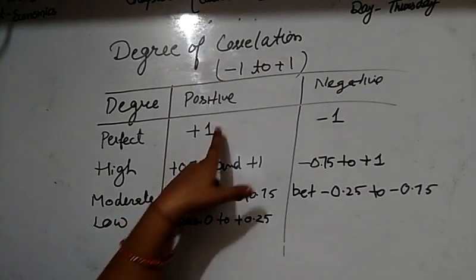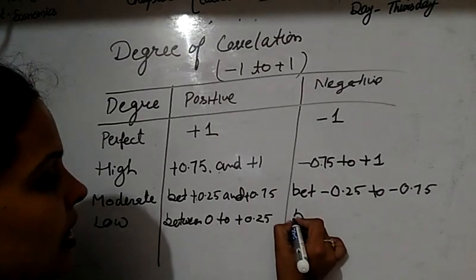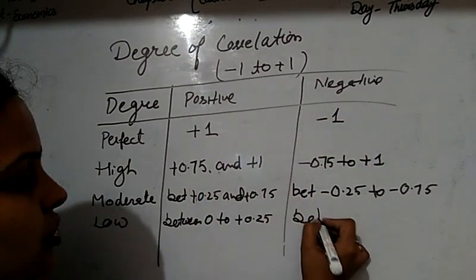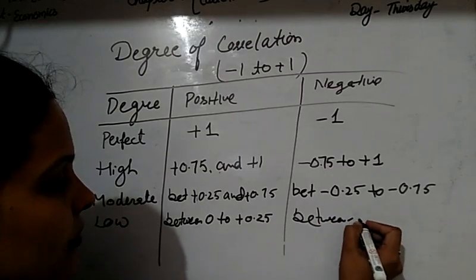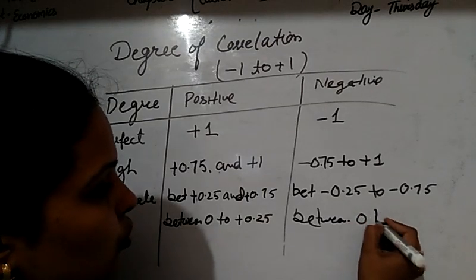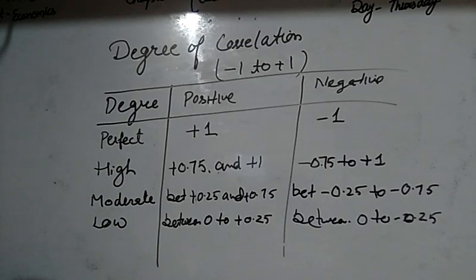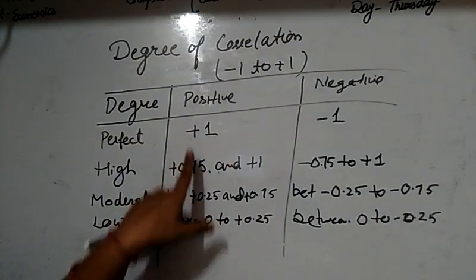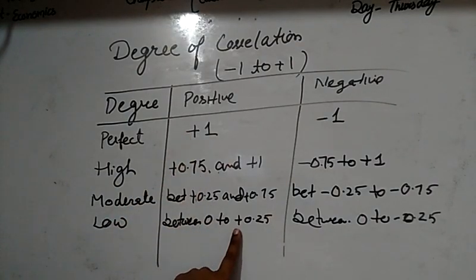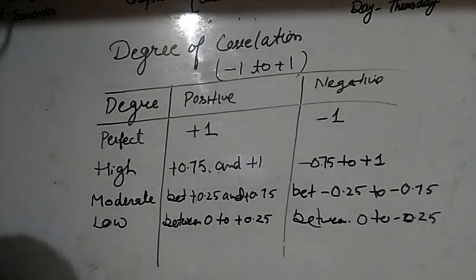When the value of correlation is 0 to +0.25, it is low positive, and low negative correlation is there when the value is 0 to -0.25. Okay, low positive correlation is 0 to 0.25, negative is 0 to -0.25.